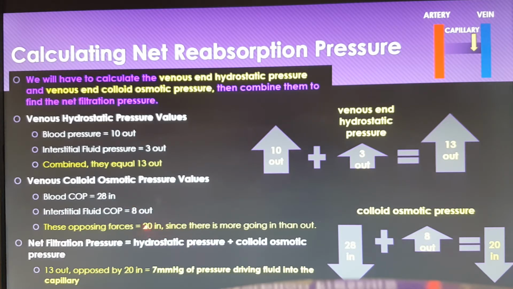There's more going in than out, so it's still 20 in that direction. By combining them, you have your 13 out opposed by your 20 in. That leads you to have 7 millimeters of mercury of pressure driving fluid into the capillaries.